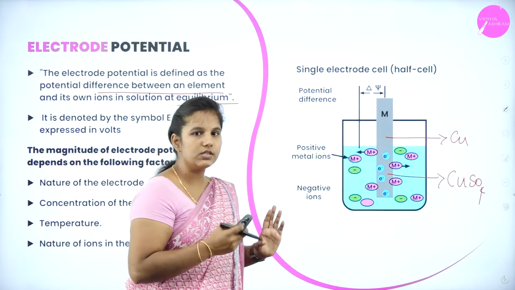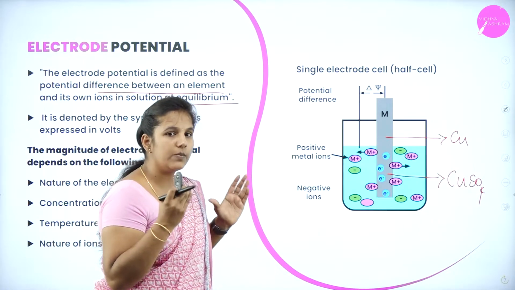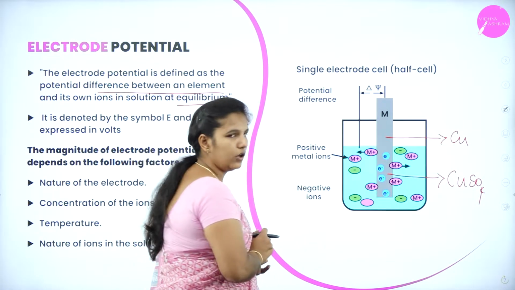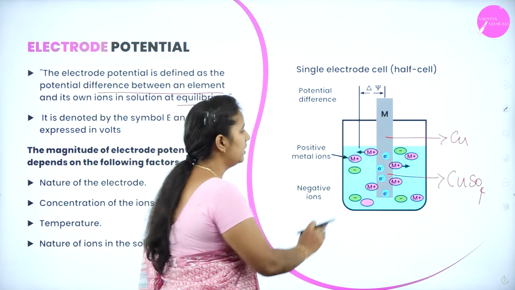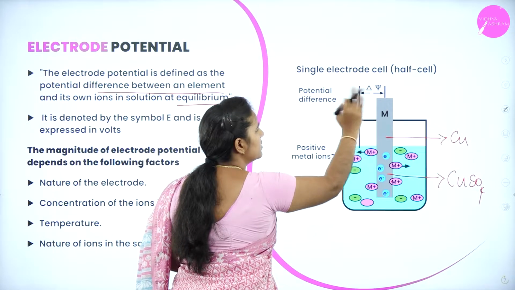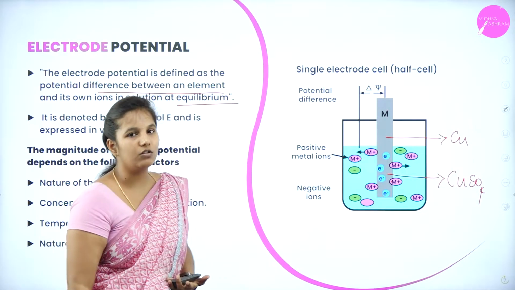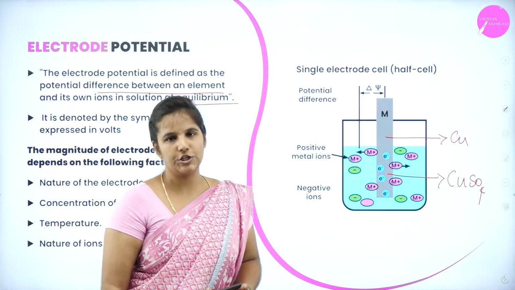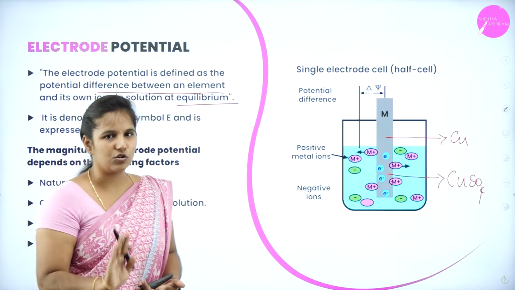During this process, a potential difference develops between the electrode and the ions in the solution. This potential difference between the electrode and the ions is known as the electrode potential. Hope you all understood the electrode potential.